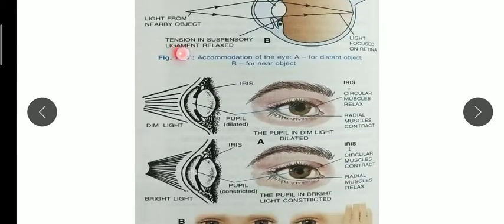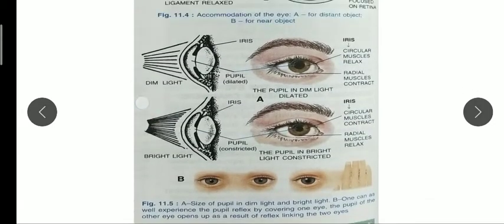So here in this picture you can see 11.5, dim light. We all know that rod cells are responsible for dim light, and cone cells are responsible for bright light. So what happens in the dim light situation? Our pupil dilates, or you can say it widens, okay.